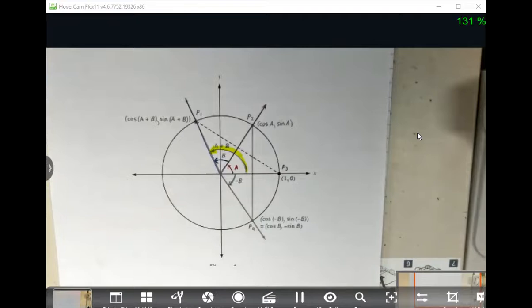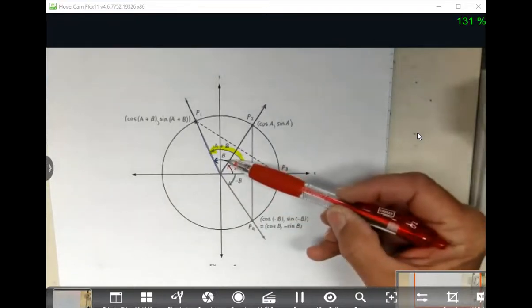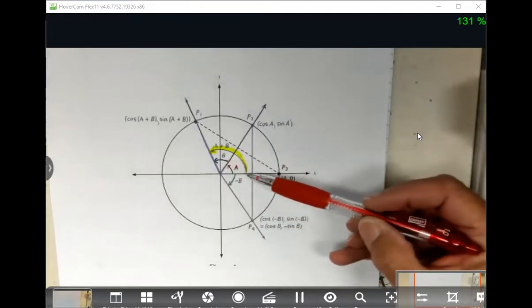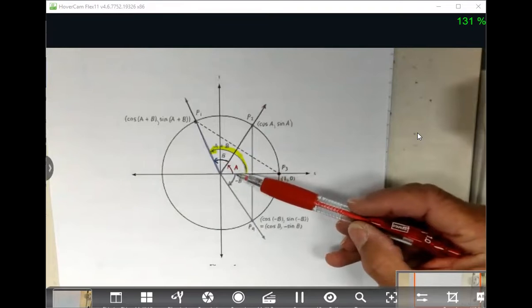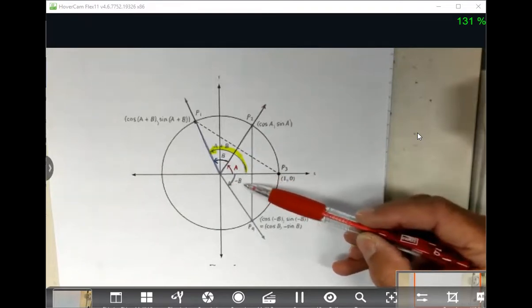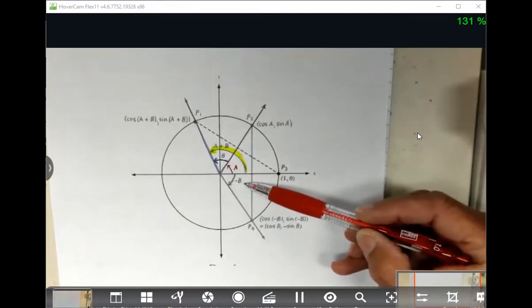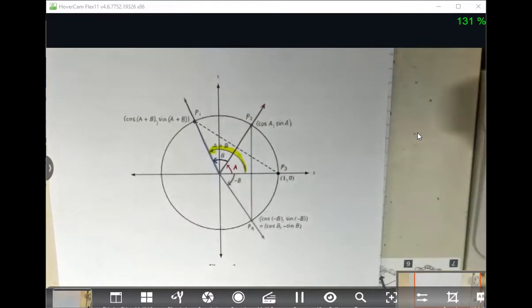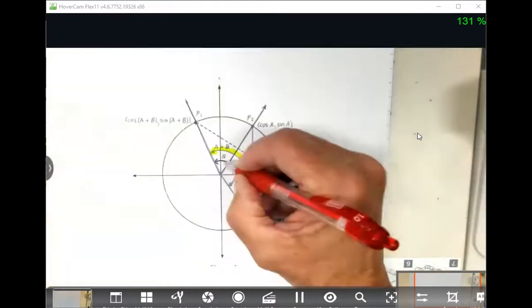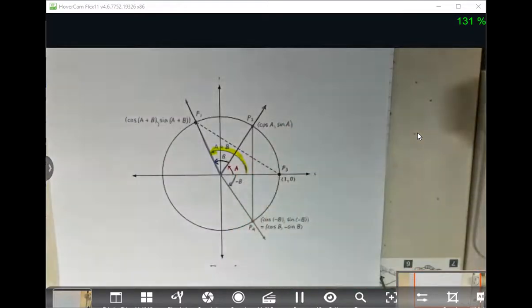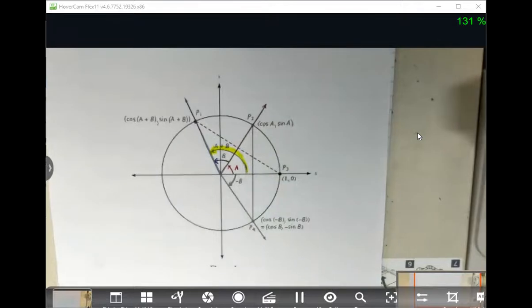Then the next ray, whatever size this angle is, draw an angle in standard position of that same size, but going in the negative direction. Construct angle minus B so that it is now in the fourth quadrant, so that this angle right here, B, and minus B have the same magnitude.